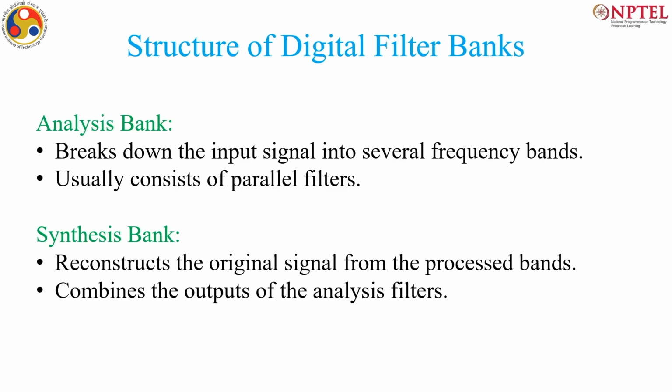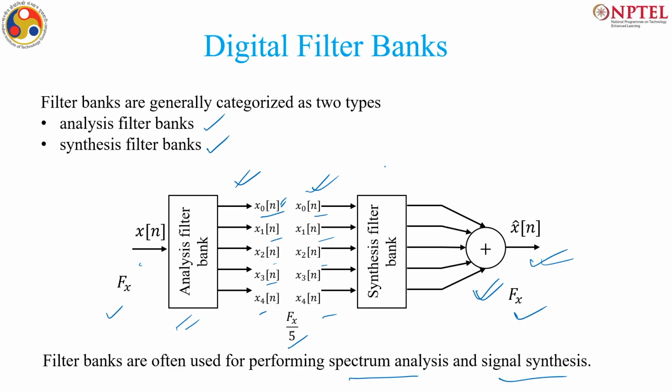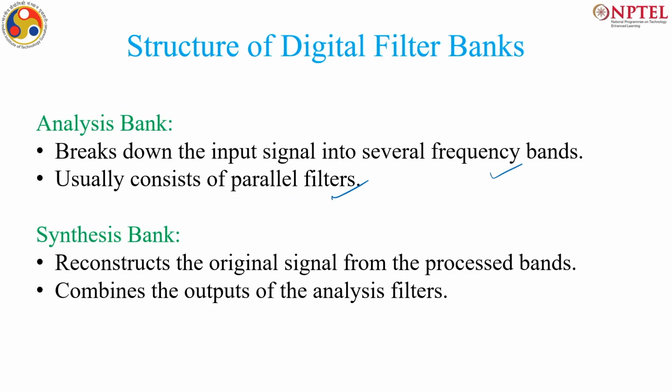So, the analysis bank, as I said, will break down the signal into several frequency bands, and these are all parallel filters, whereas the synthesis bank will reconstruct the original signal from the processed bands by summing them. So, it is basically a combination process.